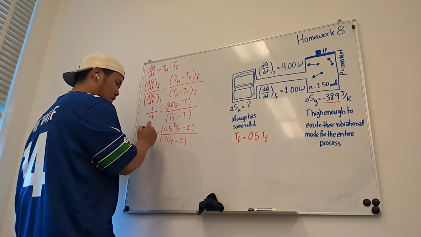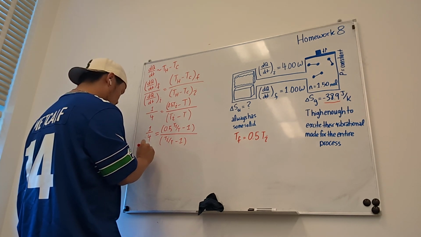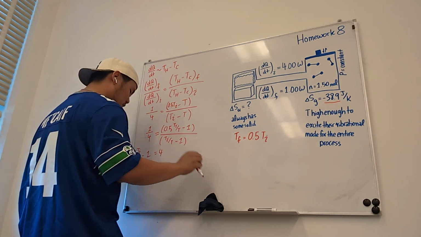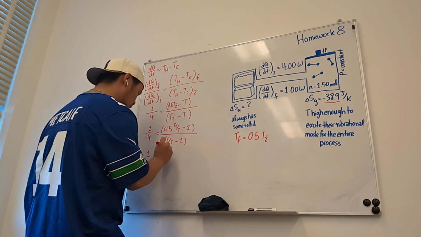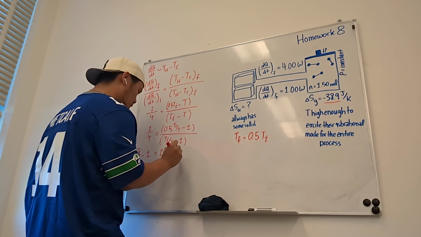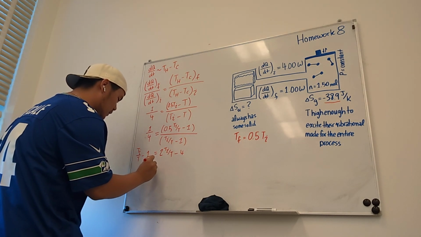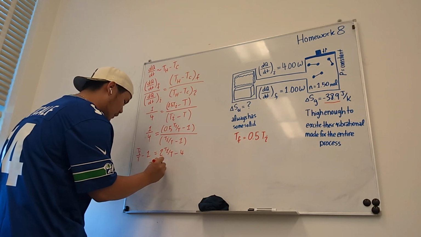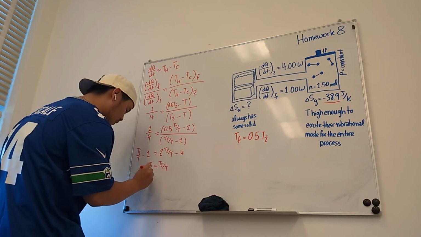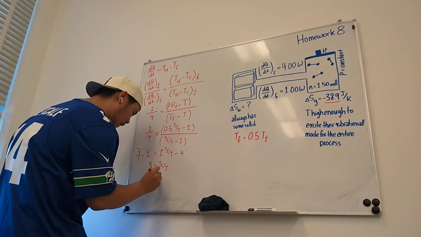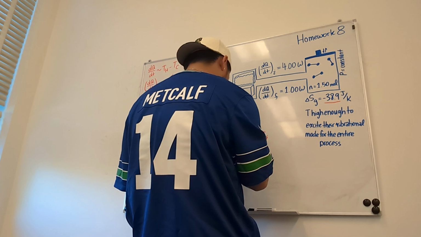Multiply this over here, multiply 4 over here, so we get Ti over T minus 1 is equal to 4 times 0.5, which is 2, Ti over T minus 4. Add that over, so we get 3 is equal to Ti over T. Now multiply over here, and we get the relationship 3T is equal to Ti. Save that.